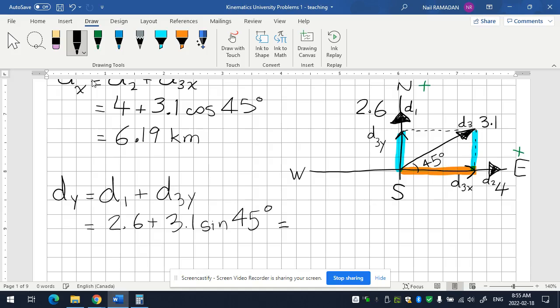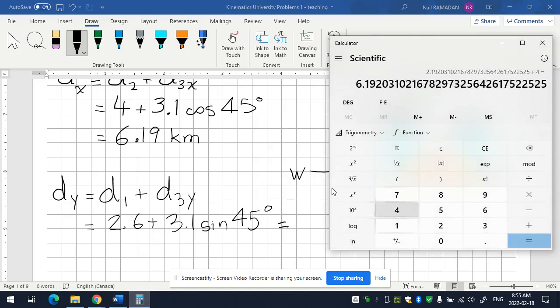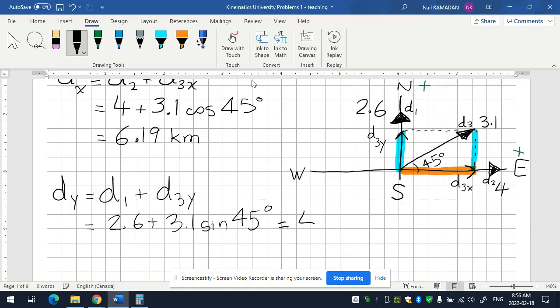So that is equal to, sorry, 45 degrees, sine it, times the 3.1 plus 2.6. So I'm going to go with 4.79. 4.79 kilometers.